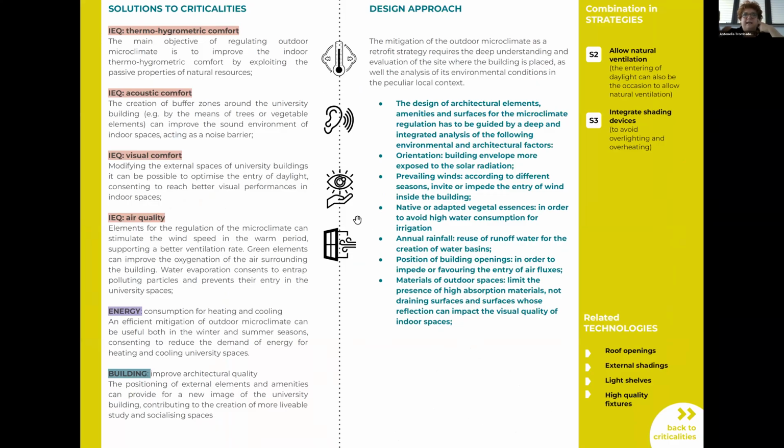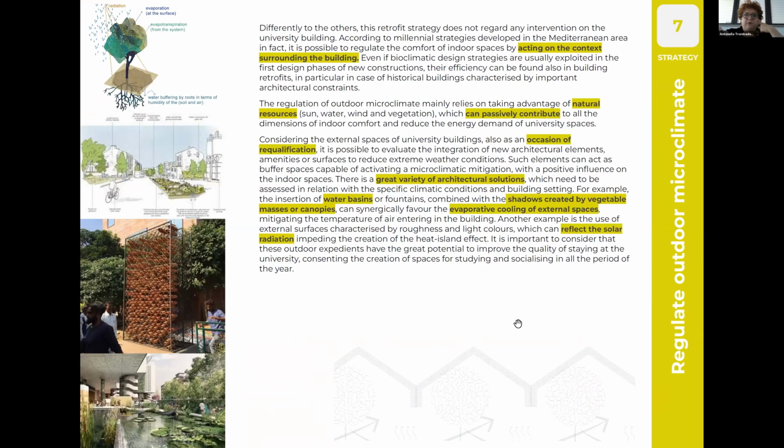For instance, there is another one related to the outdoor microclimate comfort. So how is possible to introduce, for instance, green solution or water to implement evaporative cooling, to improve the comfort of the external space, to reduce the solar radiation, so the heat gain, and so on. So the passive contribution improving the surrounding microclimate comfort.